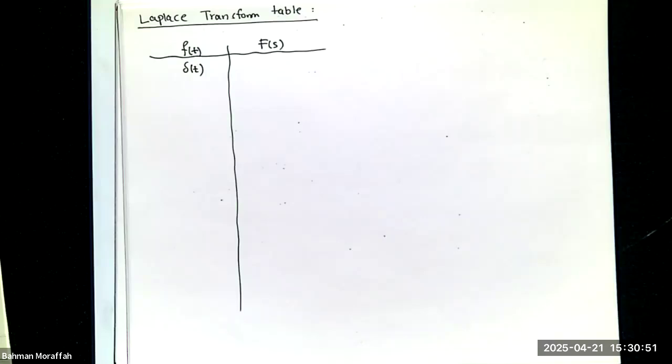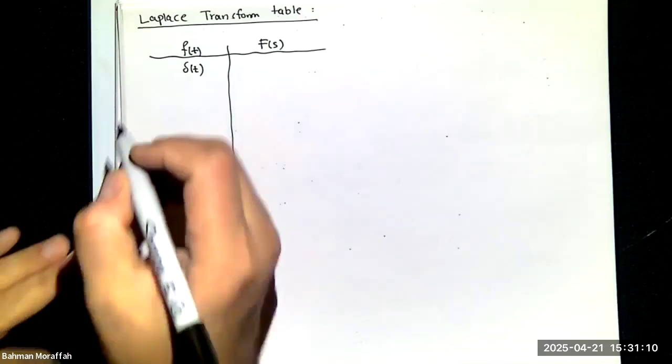Since the area underneath the pulse is 1, if the duration still approaches 0, you're still going to get the same area underneath, but it's going to be shrunk down to 1 point, and that's going to be this function.